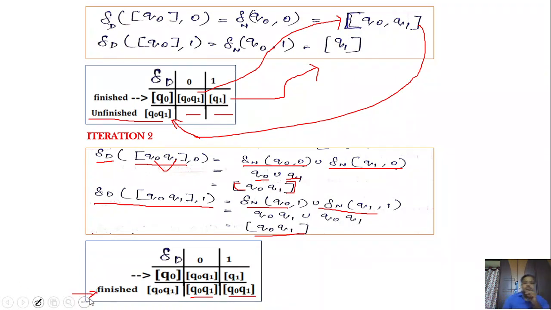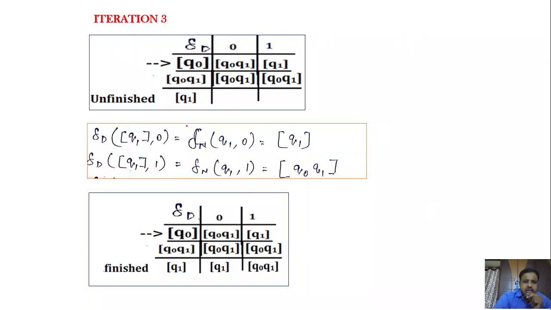So next, we have to select the next unfinished state. What is the next unfinished state? It is Q1. Now Q1 is unfinished. Now you have to specify the transition on 0 and 1. So delta D of Q1 comma 0 is equal to delta N of Q1 comma 0, that is Q1. Delta D of Q1 comma 1 is equal to delta N of Q1 comma 1, it is Q naught Q1, right?